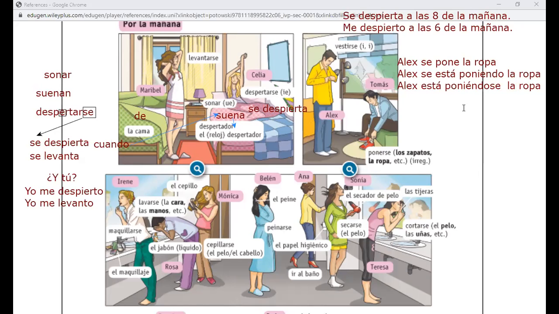If you say Tomás está poniendo la ropa, I'm expecting you to say where he's putting the clothes, unless you say se, then I know he's putting it on himself. Tomás está poniendo la ropa en la mesa. So he's putting the clothes on the table. You see what I'm saying? Sí, professor. The reflexive pronoun is muy importante.